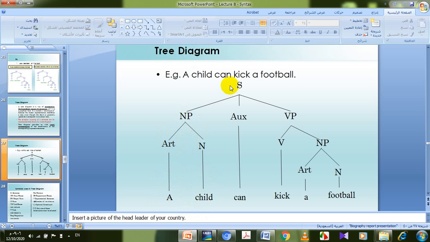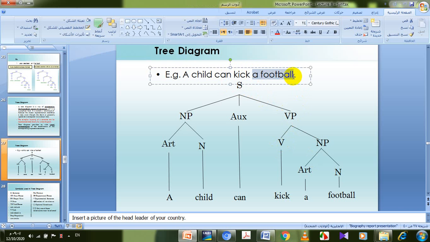Here we have an auxiliary, which is a sub-branch directly from the sentence. Auxiliary alone: can, have, may, might. Kick a football is a verb phrase, which is divided into a verb, kick, and a football, a noun phrase.